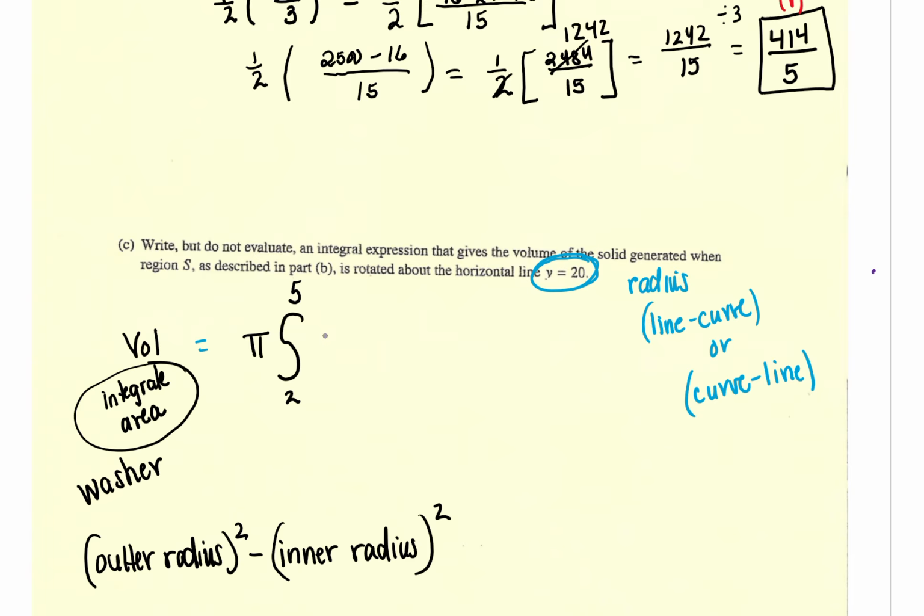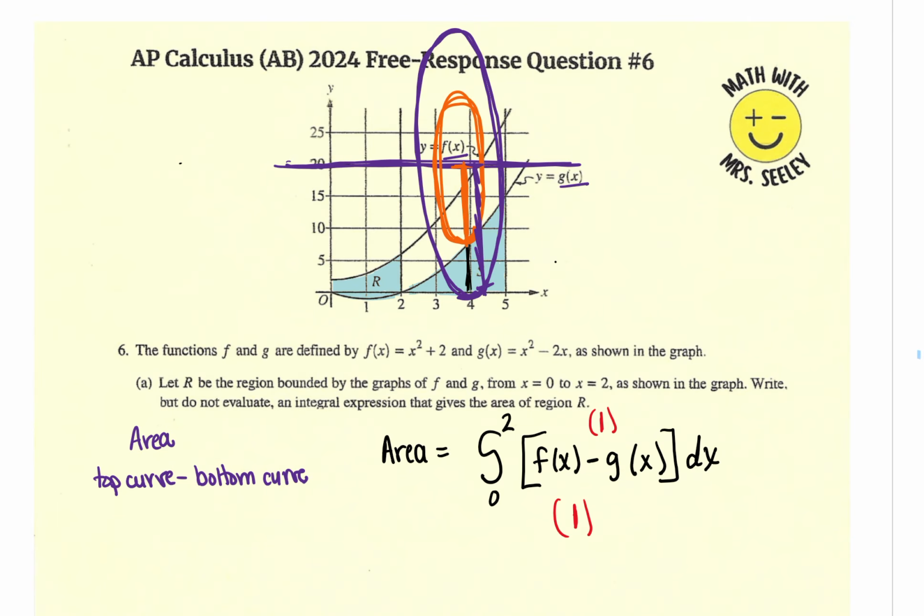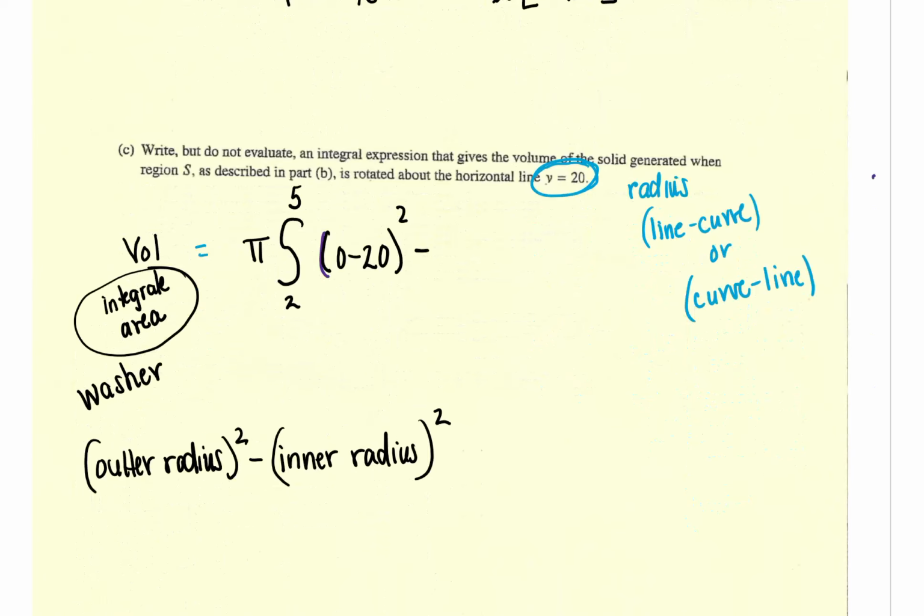So my curve is 0 minus the line 20. That's the outer radius squared, minus the inner radius. Well, the inner radius, remember, was the function in orange, which went from g right here. So that'll be g of x. So that's that function minus the line, quantity squared.